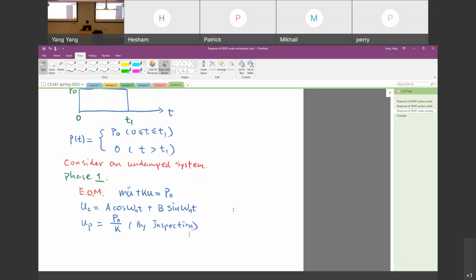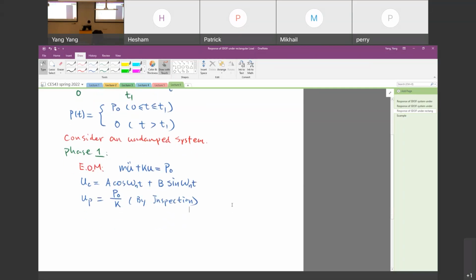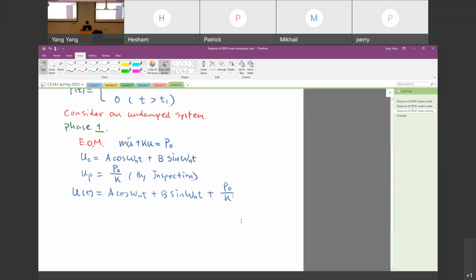Yeah. So then we should be able to write down the full solution here. Now we need to consider the initial condition.